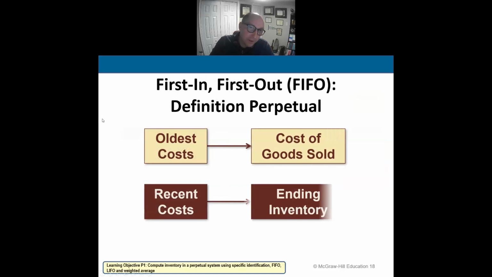Using the first in, first out method under the perpetual inventory system, the oldest costs are captured as the cost of goods sold. Most recent cost is our ending inventory. That's first in, first out.